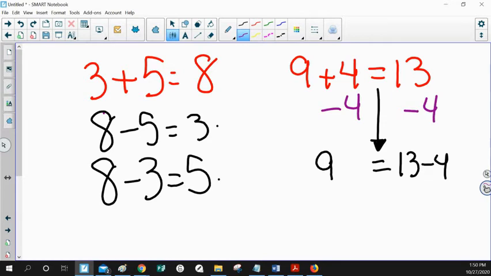And when I do that, my 4's cancel out on the left because they're opposite numbers. And when I add opposite numbers, they equal out to 0. So 9 remains on the left, and on the right side is 13 minus 4.